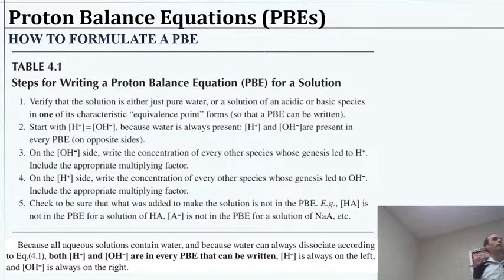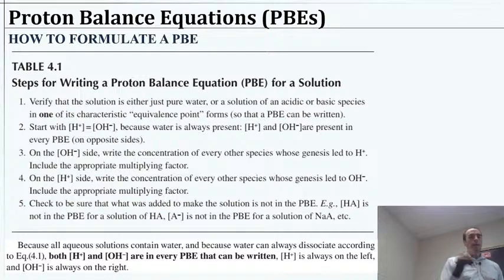That makes this relationship valid. Then we're going to start with H plus equals OH minus because we're in an aqueous condition. We're doing aquatic chemistry, right, or aqueous chemistry. So that's going to be true, and we can just start there. And they'll be on opposite sides, and the first source of H plus, OH minus.